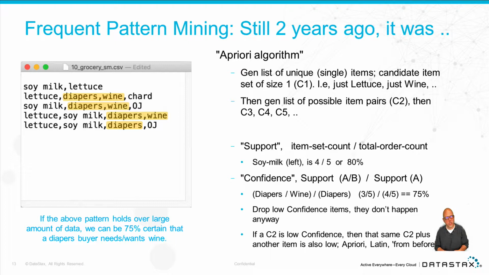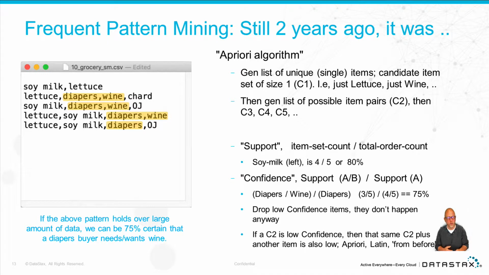After we have the list of unique items, then it's a nested loop. It's 2 for loops. Within those items, we get the pairs, C2. And after we get each pair, we get lists of 3 possible items, 4 possible items, etc. So C1, C2, C3, C4.